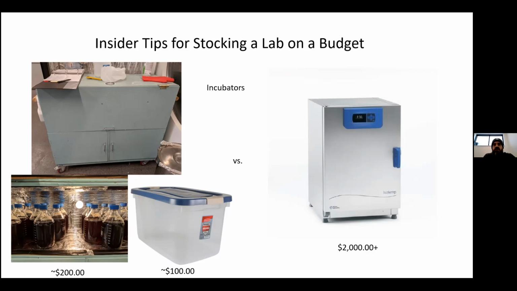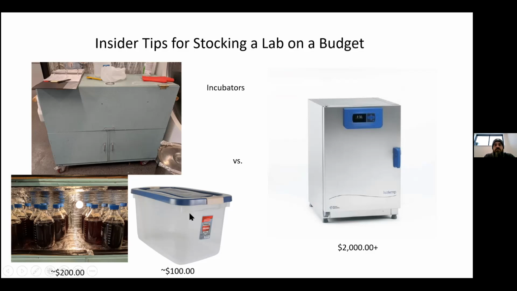So if you want an incubator to hold at 90 degrees Fahrenheit to grow your bacteria samples, this works really, really well. It was like $200 worth of parts to put this thing together.